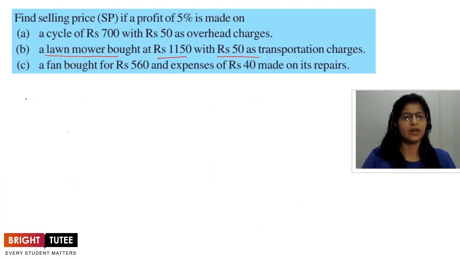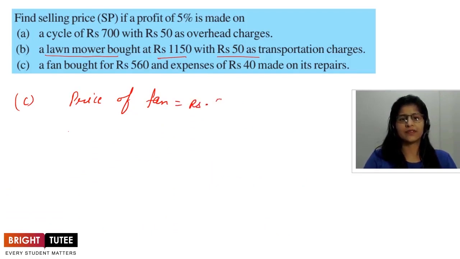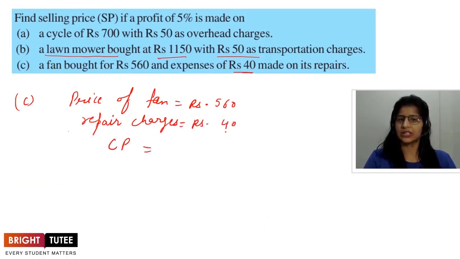In the third part, we are given a fan bought for rupees 560. So we will write price of fan is rupees 560 and rupees 40 spent on its repair. So repair charges is rupees 40. Correct? Now what is the CP? Adding these two, 560 plus 40 gives us CP. So CP is rupees 600. Clear? We have got CP.